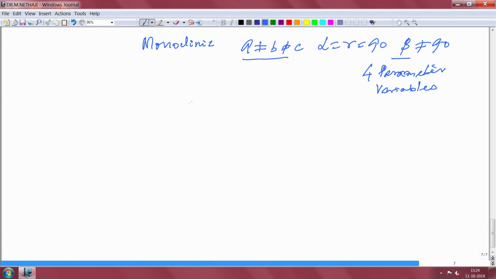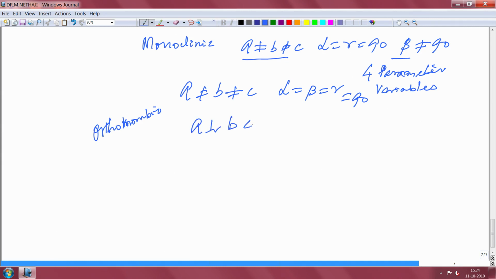Now, when we climb up, let us say A is not equal to B, not equal to C, alpha is equal to beta is equal to gamma is equal to 90. Now, this belongs to the system called orthorhombic. In this case, A axis is perpendicular to BC plane, B axis perpendicular to AC plane, C axis perpendicular to AB plane.